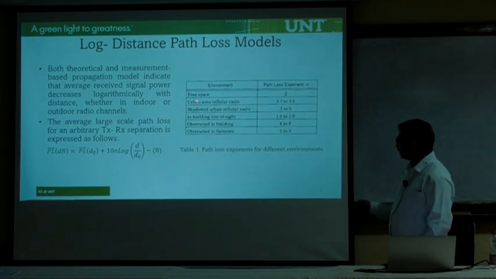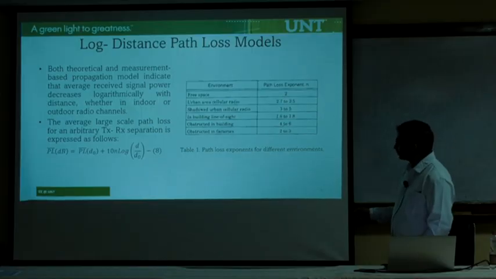And then in a simpler, less complex urban setting, it's anywhere between 2.7 to 3.5. Within building, this is within building. So it looks like within a building you are better off than obstructed in buildings, in factories. So look at these first three. The point is, the typical exponent can be anywhere between 2 to 5.